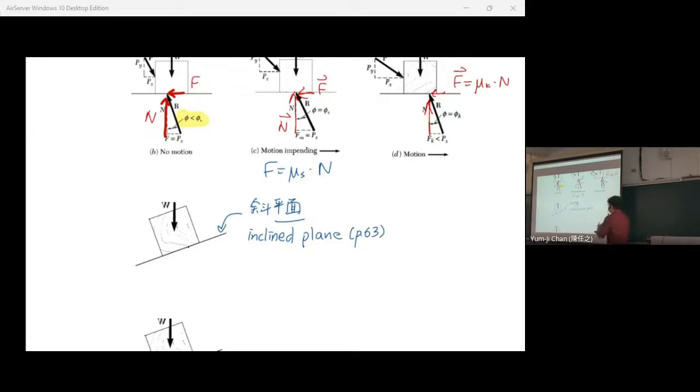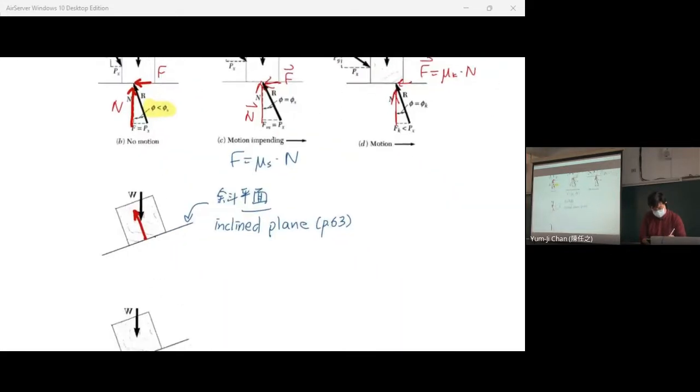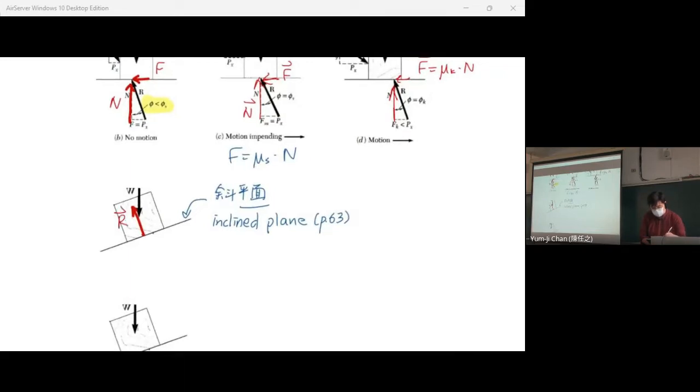Now, as in sample problem 8.1, we have R here and we have F here, because without a force here, the block will go down. The block will slide downward, so we have a friction force going up.